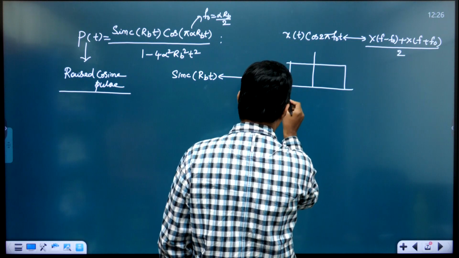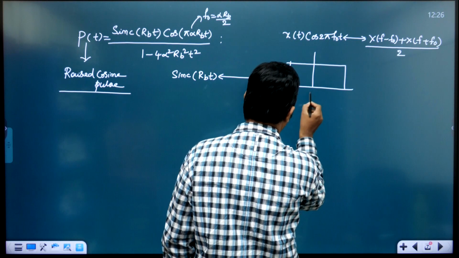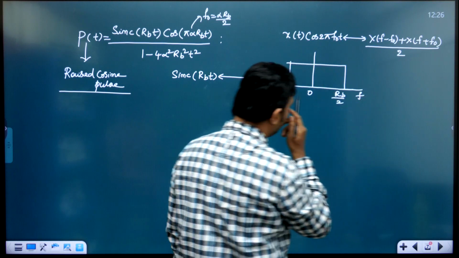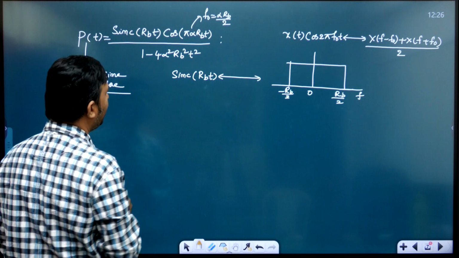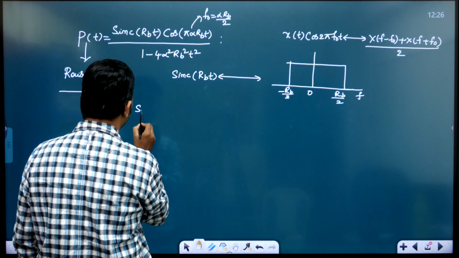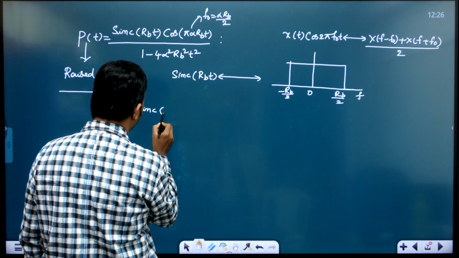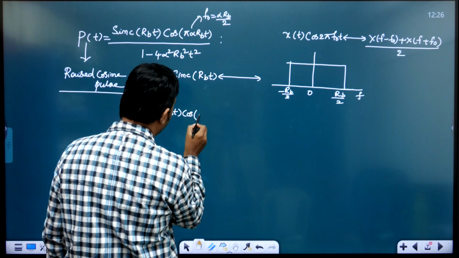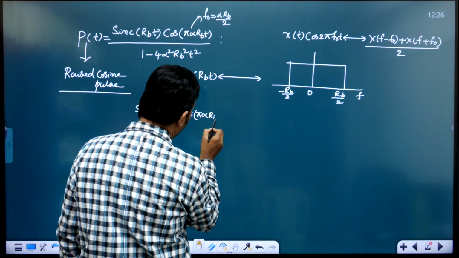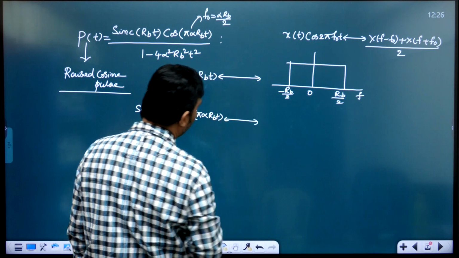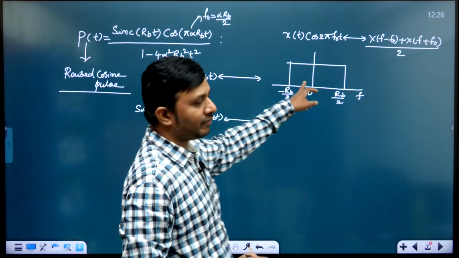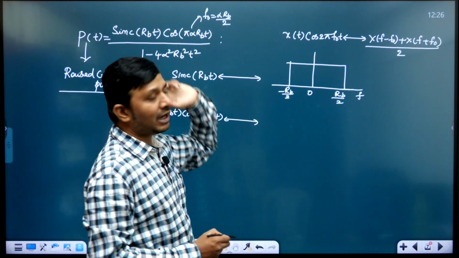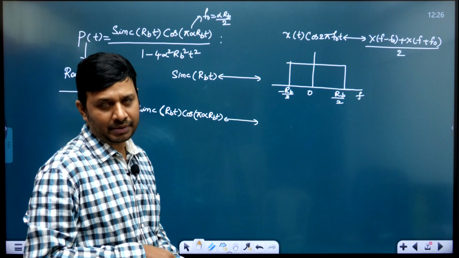It is a rectangular pulse varying from minus RB by 2 to RB by 2 in the frequency domain. Now, if I multiply this sinc of RB into t with cos pi alpha RB into t, what will happen? The Fourier transform of this is shifted to the right by alpha RB by 2, and to the left by alpha RB by 2.